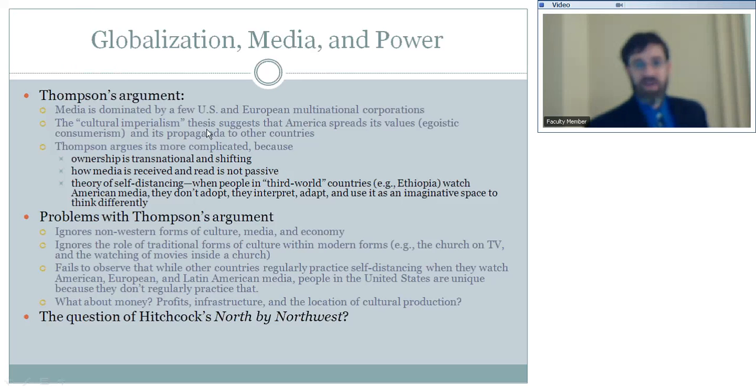And that made the cultural imperialism of the United States very visible. The cultural imperialism thesis came about in the 1960s, and it suggests that America spreads its values, like egoistic consumerism, and its propaganda to other countries. And this is something that America actually does. In fact, one of my friends, one of the guys who helped set up this course, actually worked for the U.S. State Department for an organization called Voice of America.